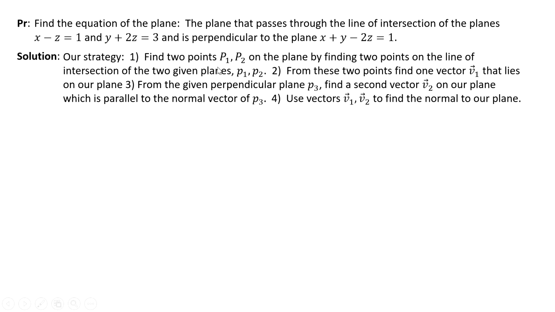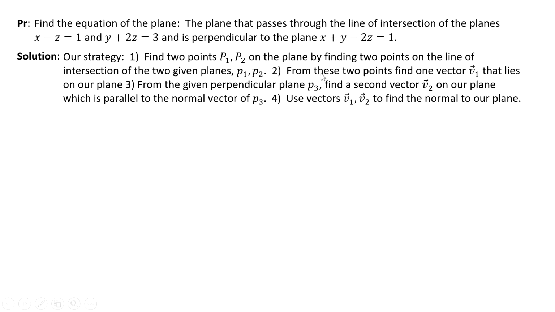Because our plane passes through the line of intersection, the moment we find those points, they are guaranteed to be on our plane. What? If we find 2 points on the intersection of planes P1 and P2, because our plane passes through the line of intersection, our plane will contain those points. Okay, that's what I'm saying.